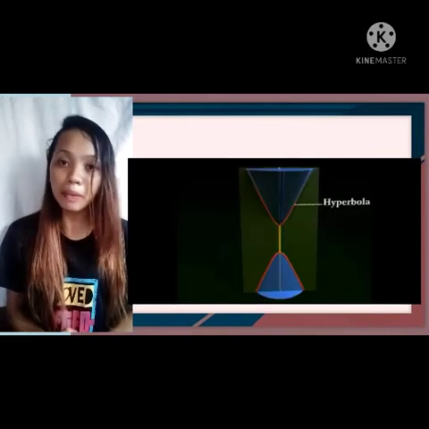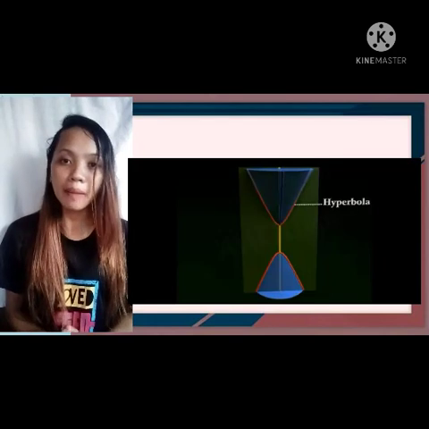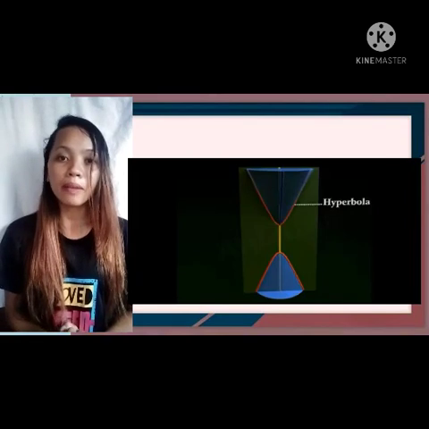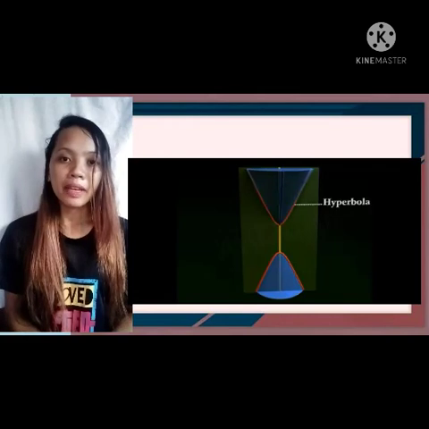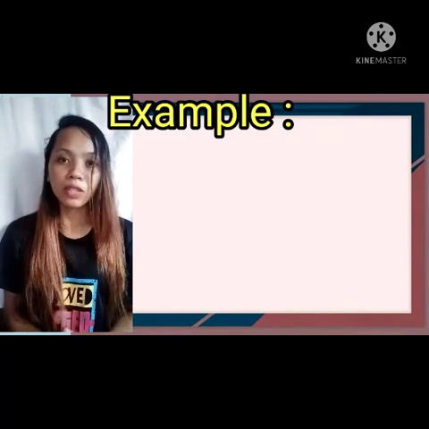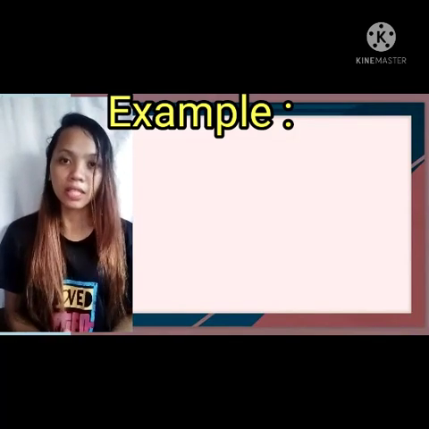And for the hyperbola, both variables are being squared, but the variables contain different or opposite signs. If one is positive, the other is negative. So let us try to apply these guide questions.